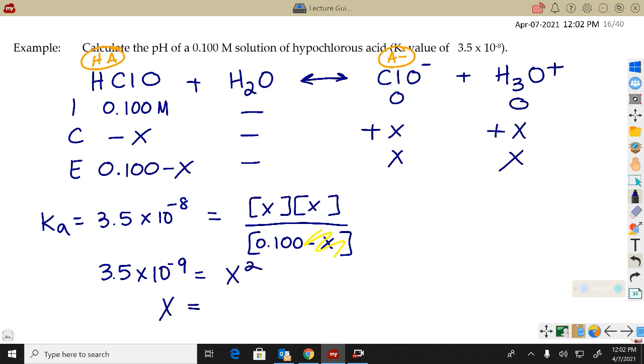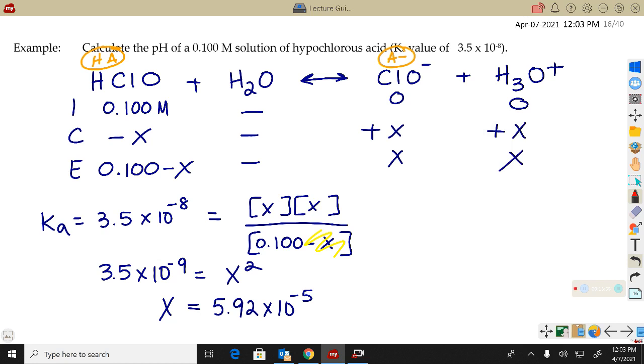I'm looking at about maybe 5.92 times 10 to the negative 5th. And now I do look at my X value to make sure that it comes out to be something small. It should be small because we're not going to shift forward by much. That X is tiny. So yeah, the 5% rule was a totally valid assumption.